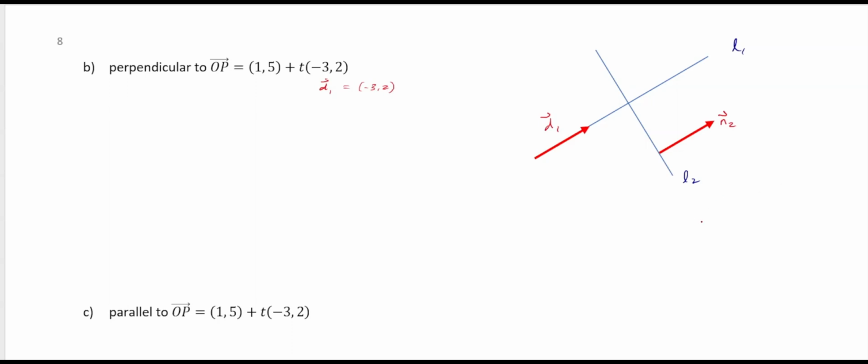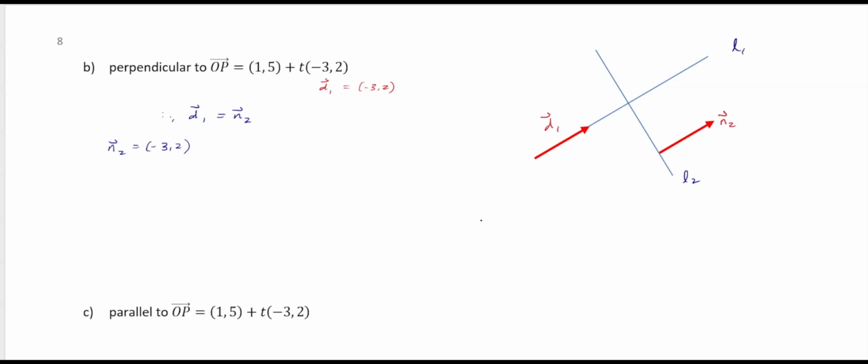Recall, we're trying to find the scalar equation of the line that's perpendicular to line 1. And so what do you notice about the normal of line 2 and the direction vector of line 1? Well, we can say, therefore, the direction vector of line 1 is equal to the normal vector of line 2. So I'll rewrite the normal vector of line 2 is just equal to (-3, 2).